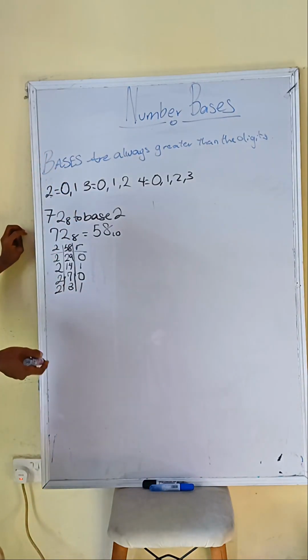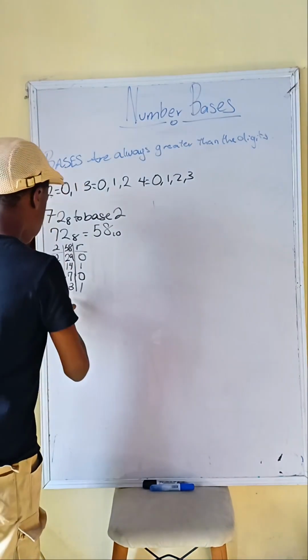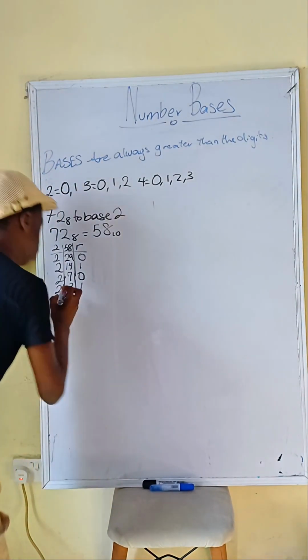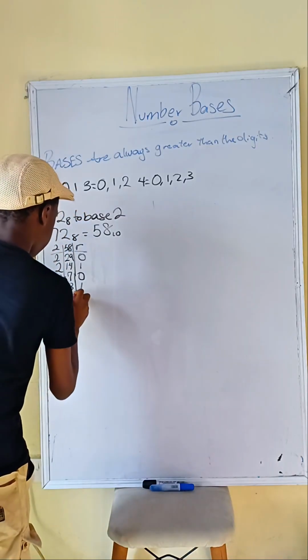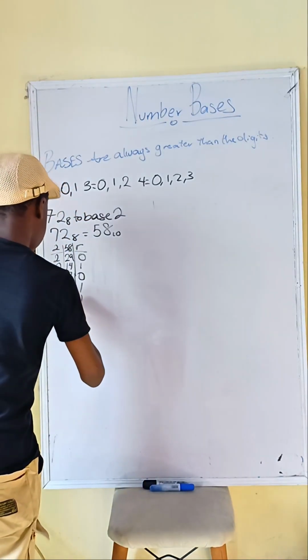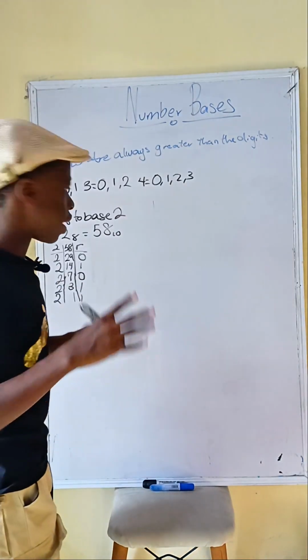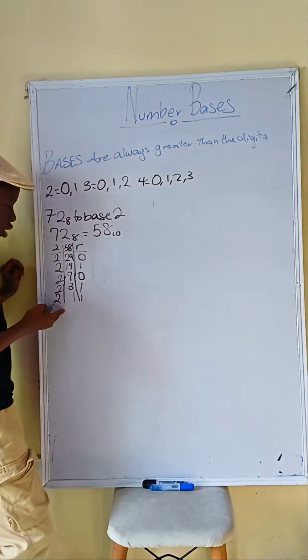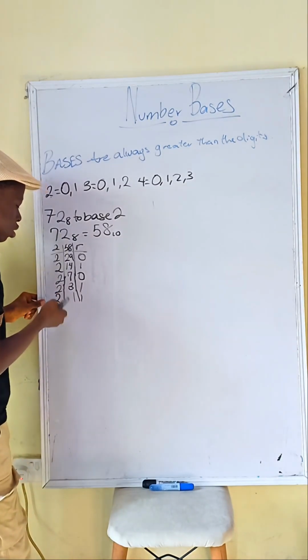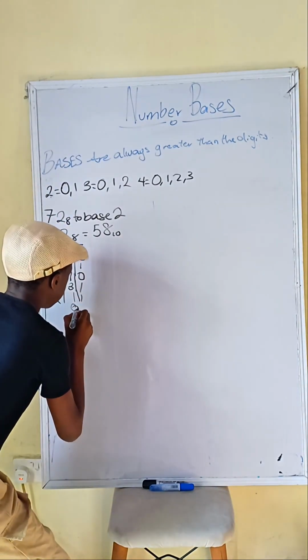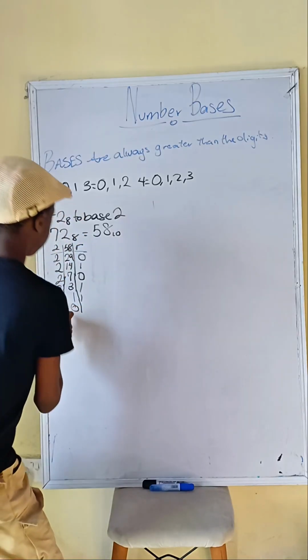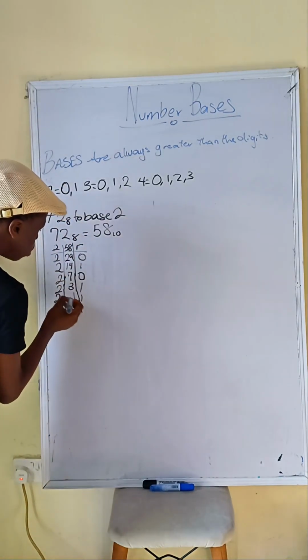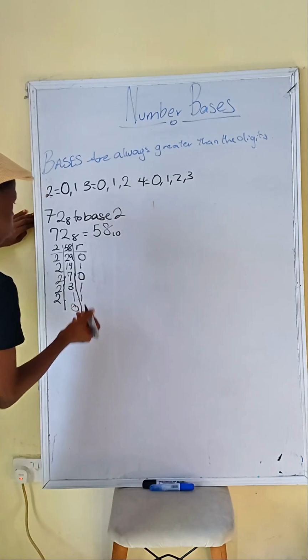So 3 divided by 2 is 1. Remainder 1. So, as you know, 2 cannot divide 1 because 2 is greater than 1. So we put 0, and since nothing affected the 1, we put the 1.